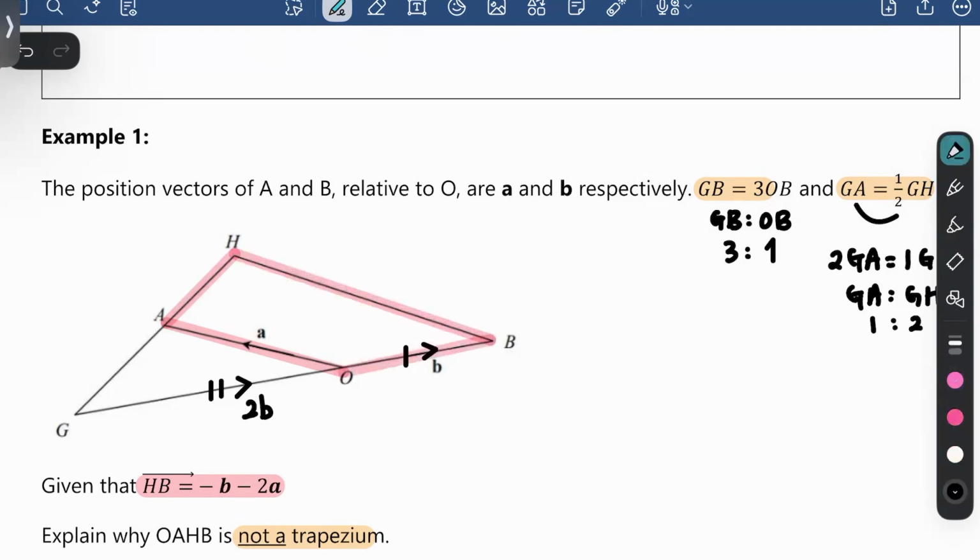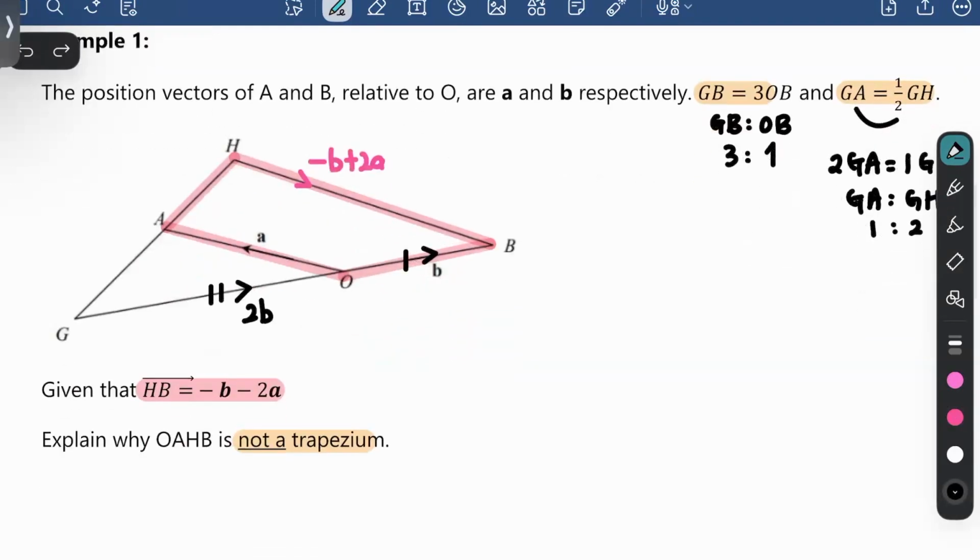So given to me is HB, HB will be this direction, which is minus B plus 2A. So if I want to compare OA and that, I need to use BH. So what I'm going to do is put down over here: how do you actually find BH?